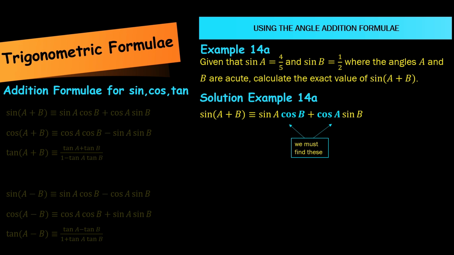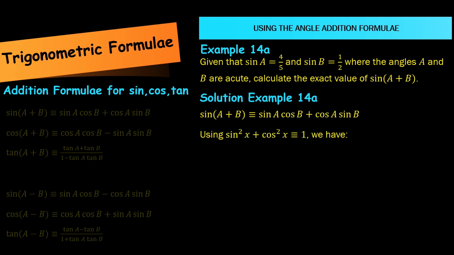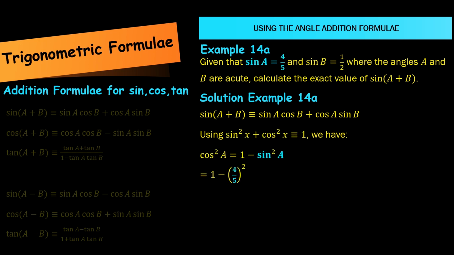Using sine squared plus cos squared is identical to 1, we have that cos squared A equals 1 minus sine squared A. We're going to plug in the value of sine A as shown to give 1 minus 16/25, which is equal to 9/25.